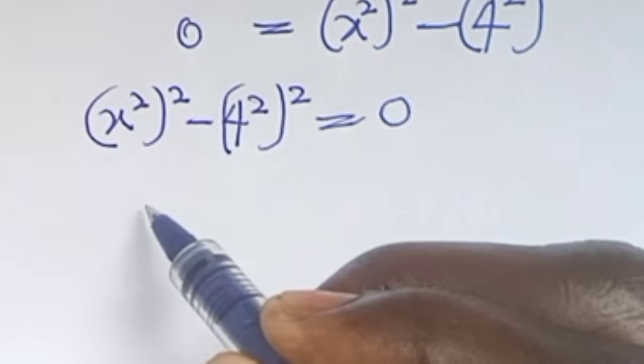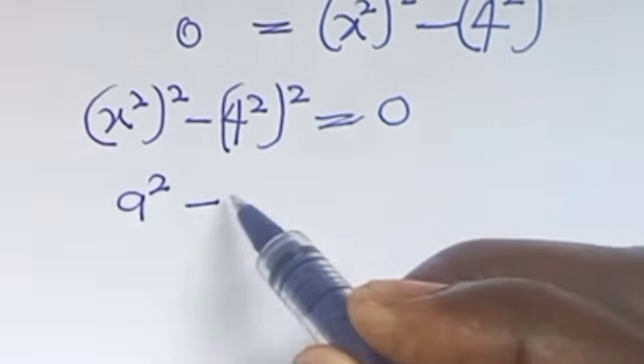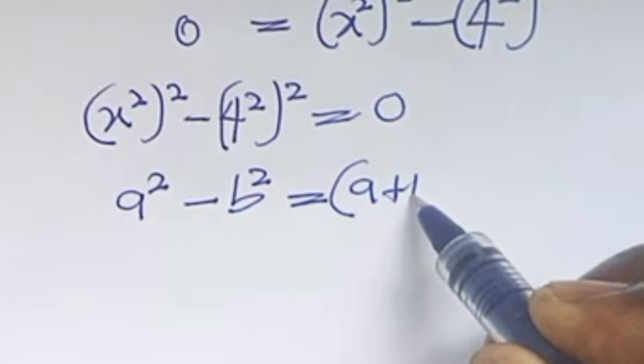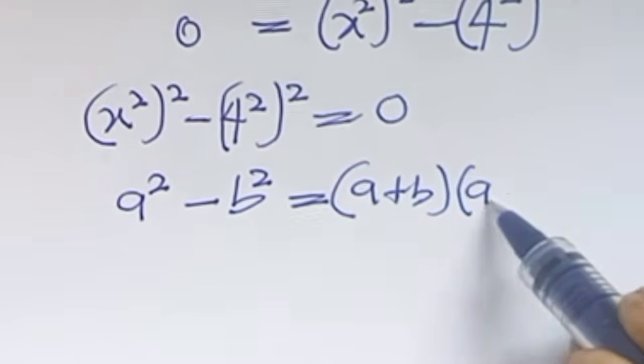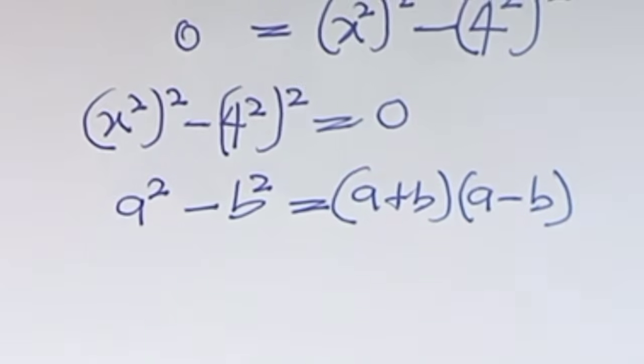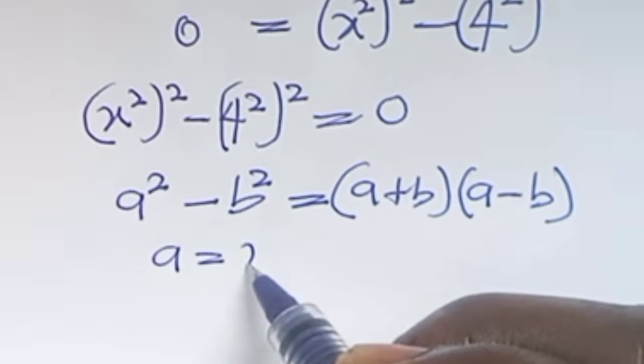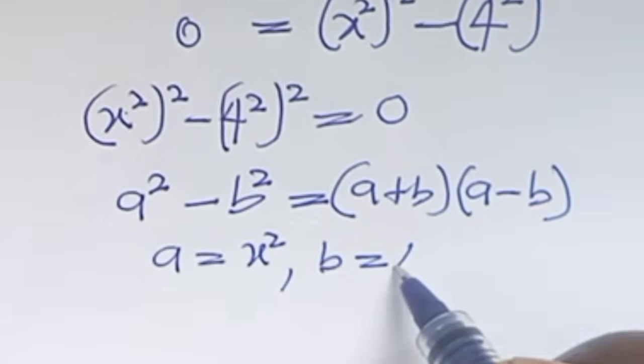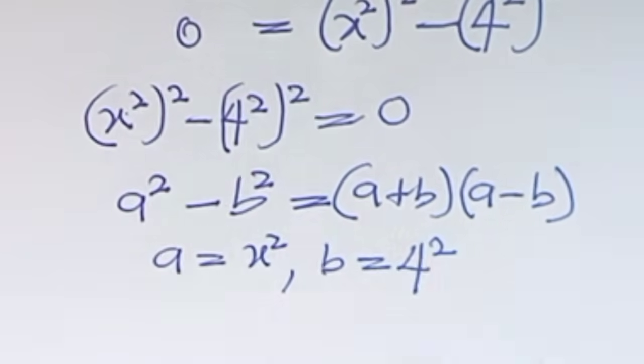But from algebra, we have a to the power of 2 minus b to the power of 2 represented as a plus b times a minus b, where a is equal to x to the power of 2 here, and b is equal to 4 to the power of 2, which is here.